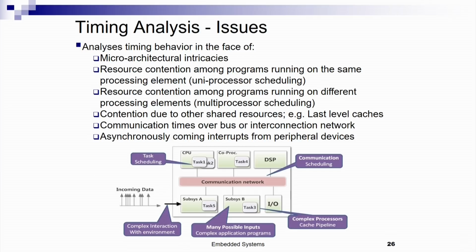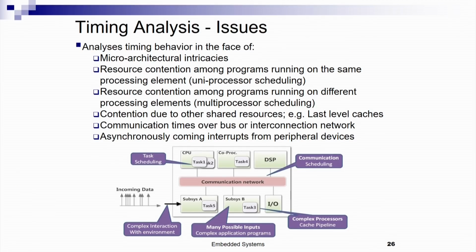So, the timing analysis has to be done in the face of all these things. Communication times over the bus and interconnection network: what is the time it takes for messages to pass over the bus? So, how do you schedule it? You need to schedule messages on a shared bus as well, and find out in the worst case how much time it will take to transfer a message.